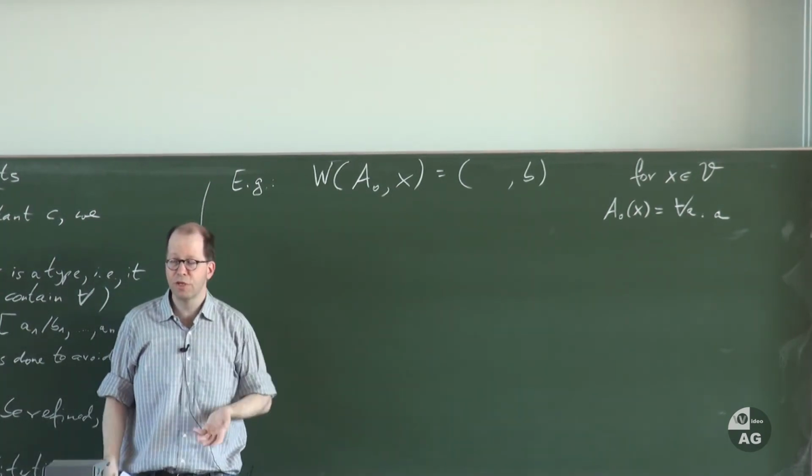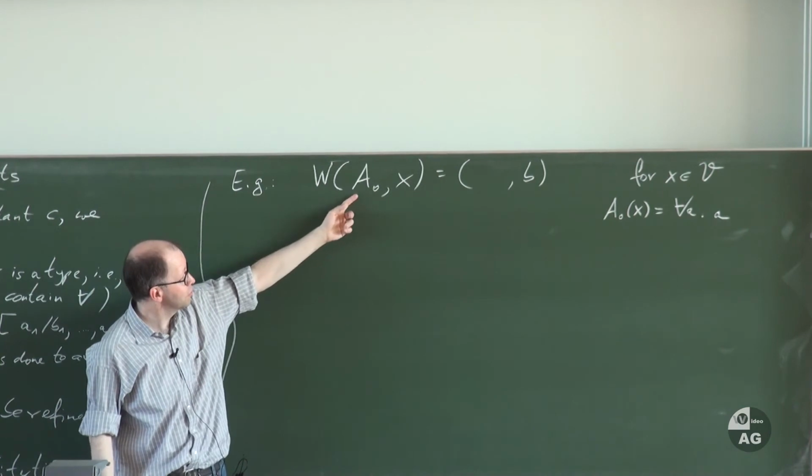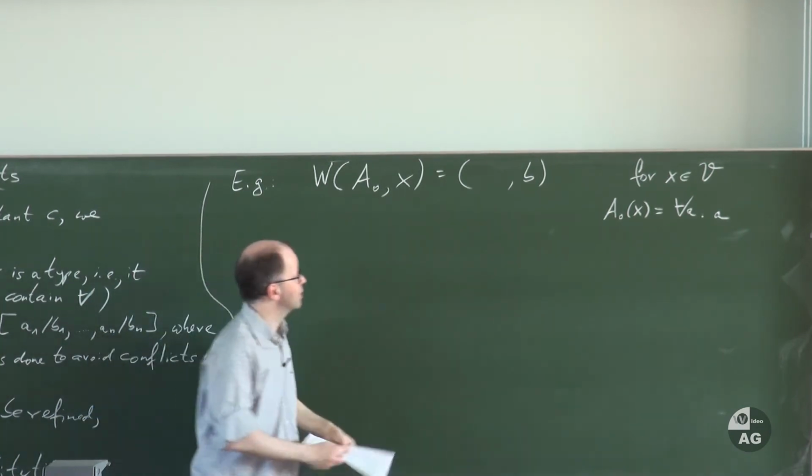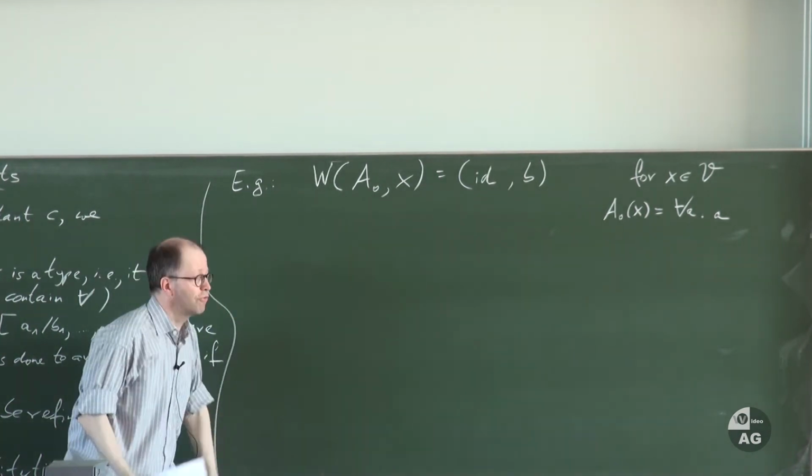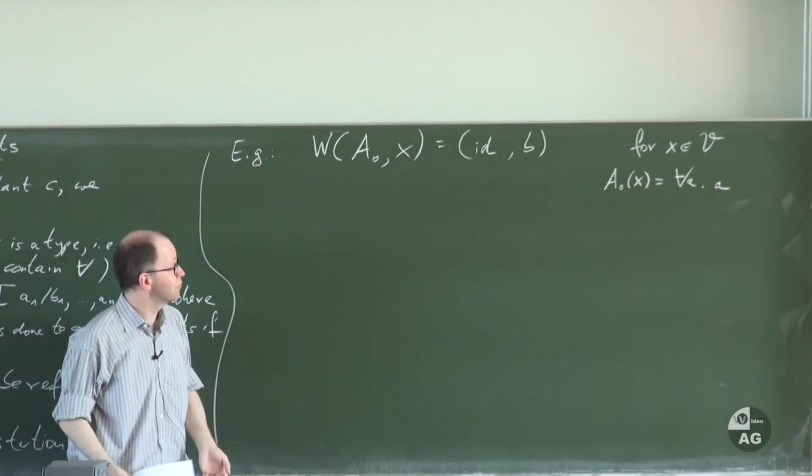So no further refinement is needed. We just refine it by the identity, which means we don't refine it at all.